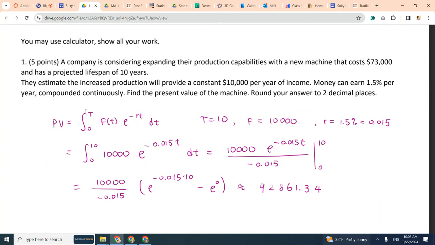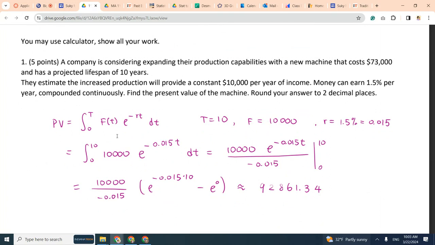So remember the present value and the future value formula. The present value is the integral from 0 to the time. The time period here is 10 years. And we have this is the income stream, f of t, and then e to the negative rt dt. By the way, in this problem, the f is a constant number, 10,000.